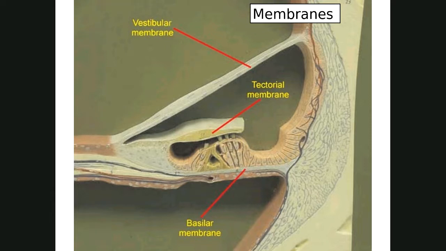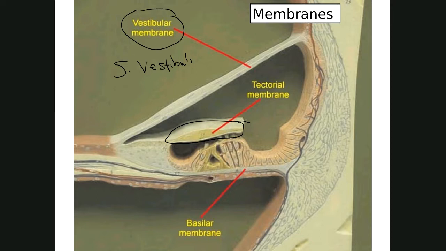This one, which does not look like the other two, is the vestibular membrane. And the chamber that it's next to is the scala vestibuli. That's why it's called that, because it has this vestibular membrane in it. This one, which does not look like the other two, is called the tectorial membrane.